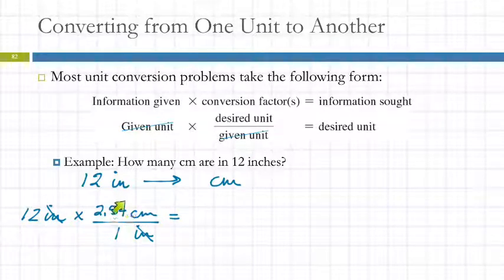So what's on the top of the conversion factor is numerically equal to what's on the bottom. They are the same distance, they just have different names. So then we multiply. We have 12 times 2.54. And my calculator says 30.48. And the unit is going to be centimeters.